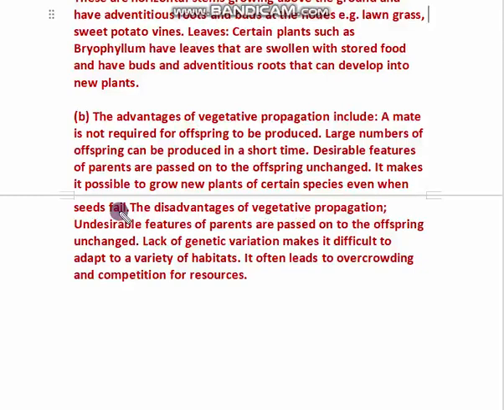In other ways, the advantages of vegetative propagation are those of non-sexual reproduction, or reproduction in plants.